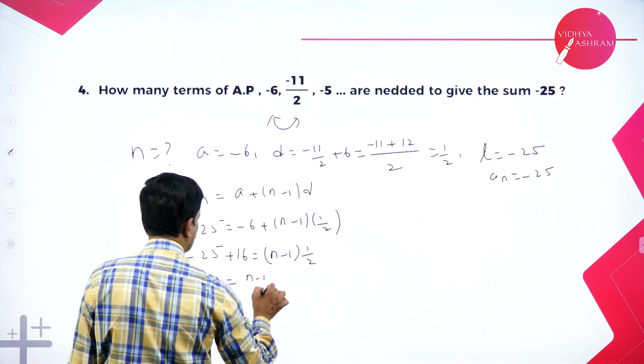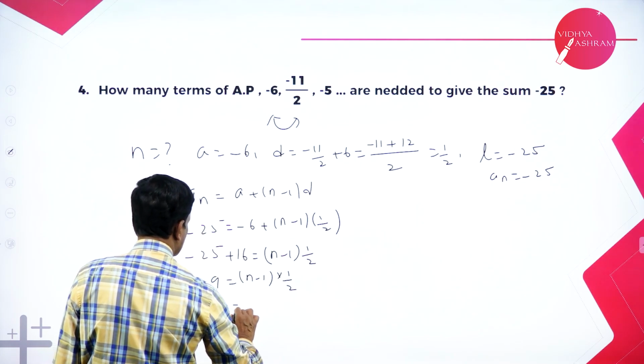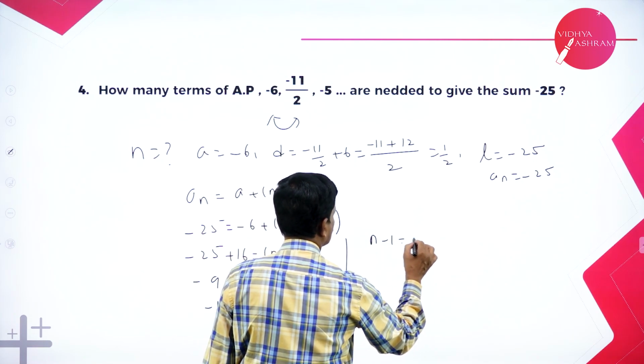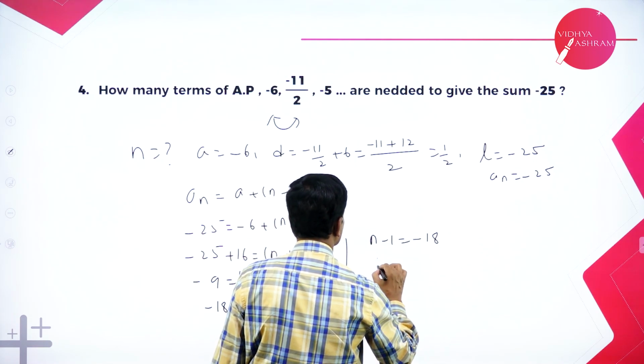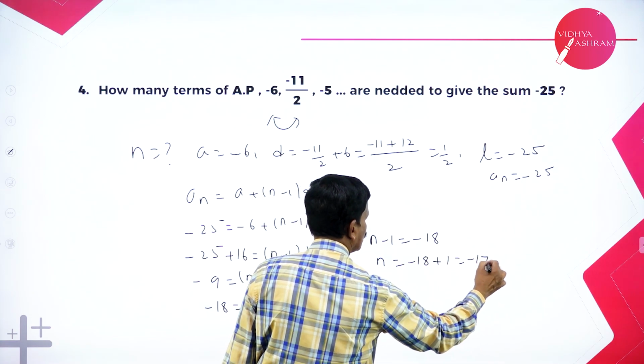Minus 9 is equal to (n minus 1) into 1/2. Multiply by 2. 18 is equal to n minus 1. So n minus 1 is equal to -18. n is equal to -18 plus 1, which is -17.